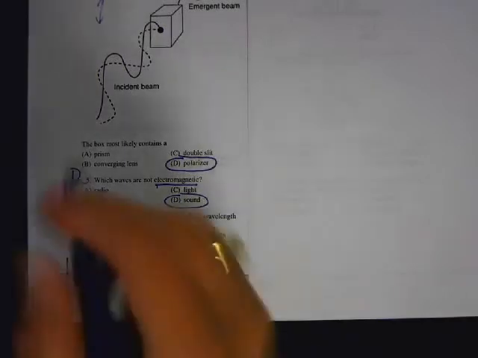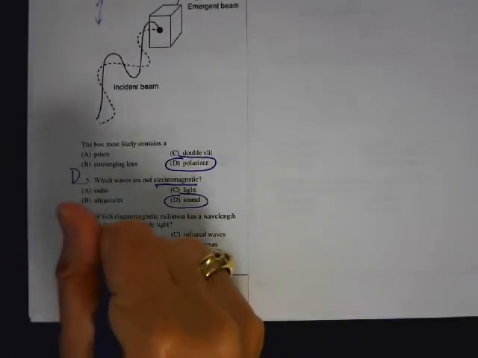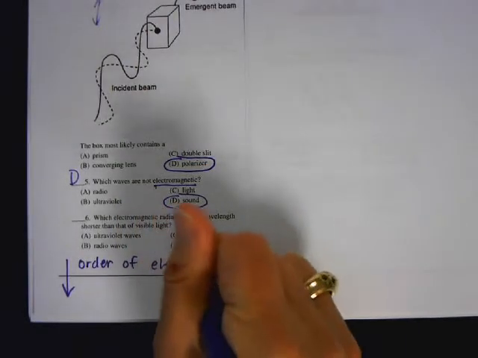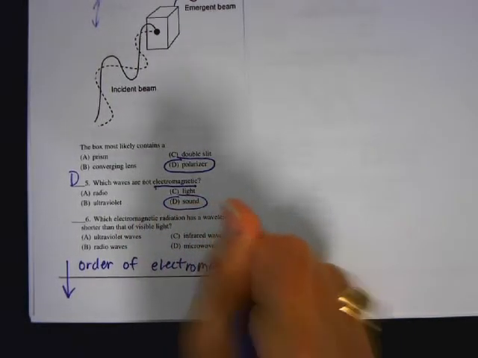Number 6, which electromagnetic radiation has a wavelength shorter than visible light? So remember, one of the things that you need to know, and you needed to know this for the quizzes, you have to memorize the order of the electromagnetic spectrum.